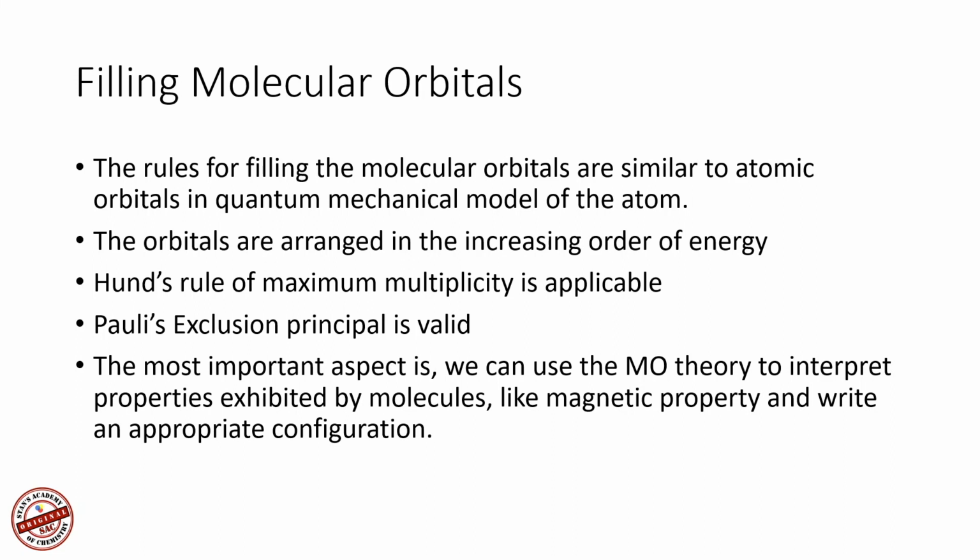That is one of the important successes of the molecular orbital theory. We can also explain resonance very easily, explain the concept of delocalization in benzene-like molecules, and those can only be explained using molecular orbital theory and not with the valence bond theory.